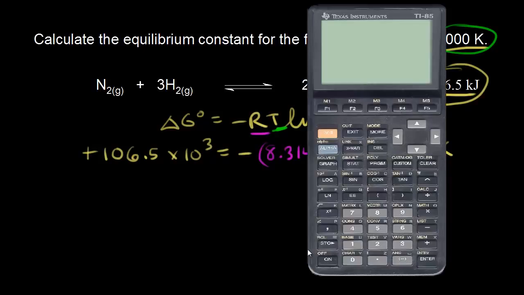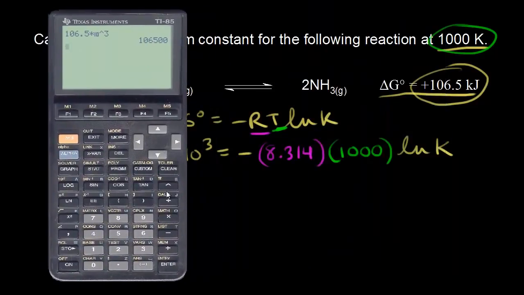So let's do the math there. We'll start with our delta G0, which is 106.5 times 10 to the 3rd. So we're going to take that value and divide it by negative 8.314. And then we need to divide by 1000, and that gives us negative 12.81.